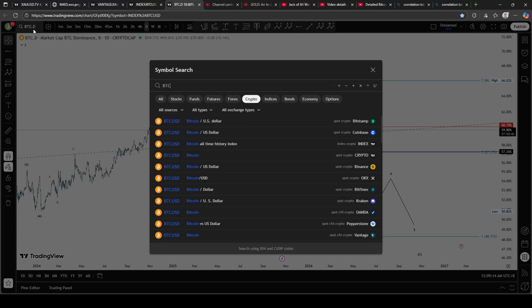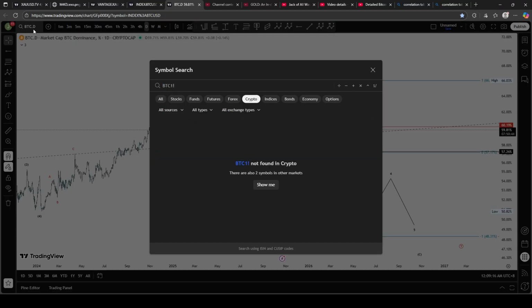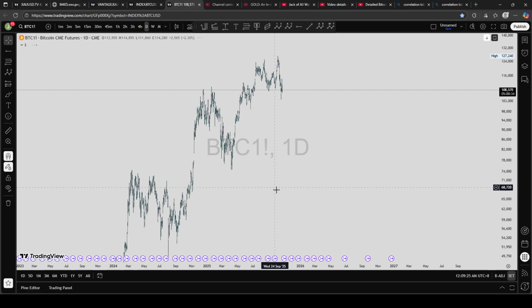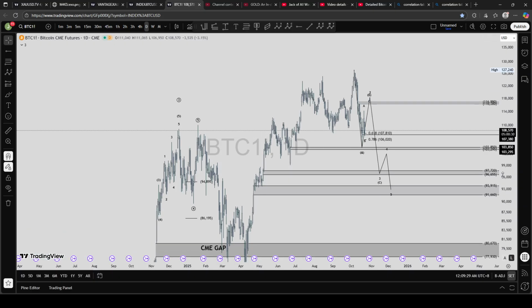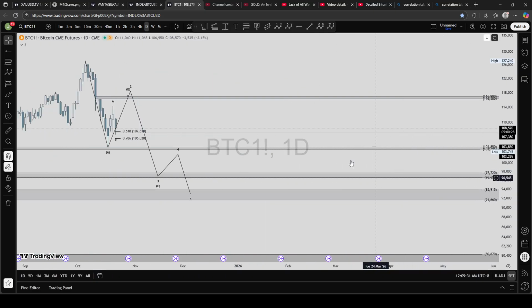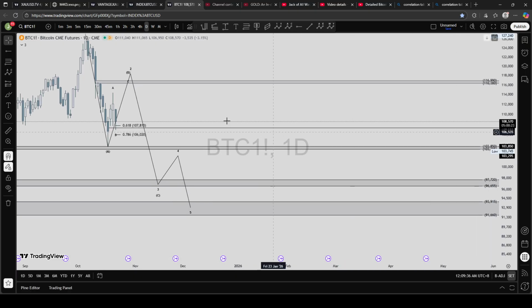What I mentioned a while ago is the CME gaps, which is actually the ticker BTC1!. If I continue with the expanded flat scenario, these extended rectangles here are the possible CME gaps that will be revisited.